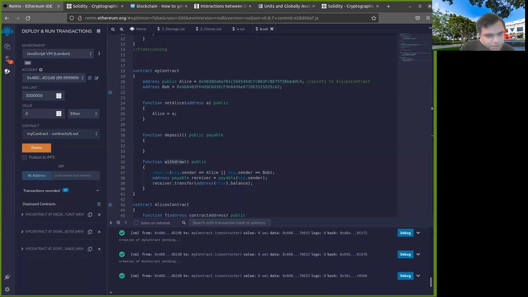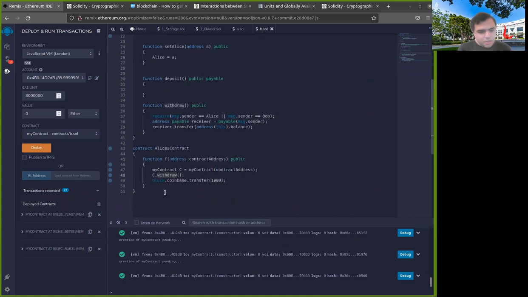So there is a question that says, so when you call withdraw, nothing should happen to the my contract transaction, right? I'm not sure what you mean by the my contract transaction. Oh, okay. So you're misunderstanding this. What I'm doing here is not creating a new instance of my contract. So my contract already exists at this particular address.